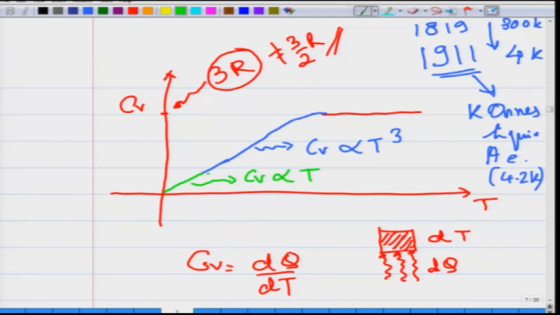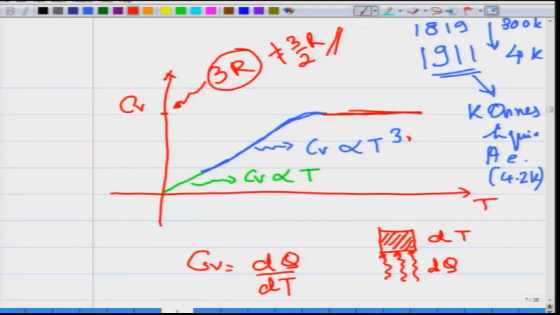So, starting from low temperature, the specific heat is initially linear, then it develops a curve which has a cubic temperature dependence, and then as it goes to high temperature, it becomes constant. So, the thermal property of the solid turns out to be very complex, and we will look at all these different regimes in the course.